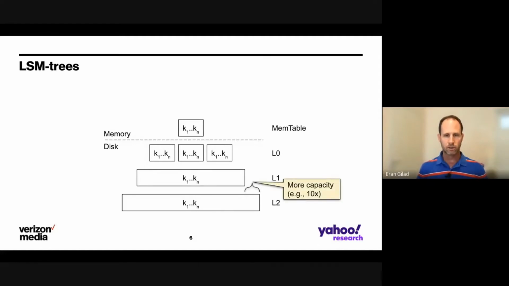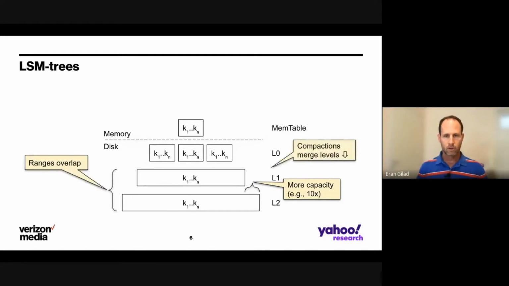Now, those levels are in increasing size, by a factor of about 10 times larger, and their ranges overlap. From time to time, when a level gets full or passes a certain threshold, a compaction procedure kicks in, and the content of that level is merged into the level below it.